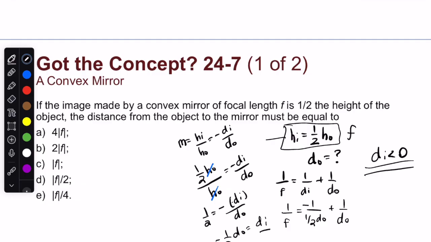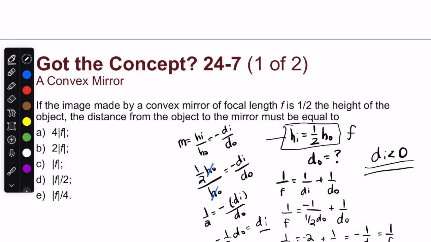So now when I solve for do in terms of f, this 2 is going to come up, isn't it? And I get negative 2 over do plus 1 over do, which gives me negative 1 over do equals 1 over f.